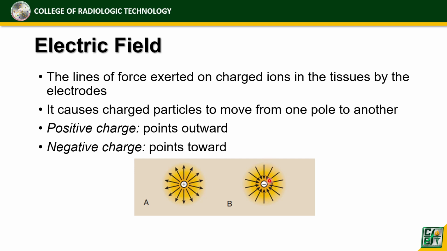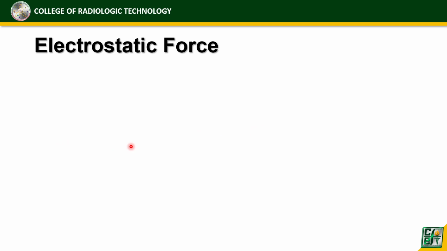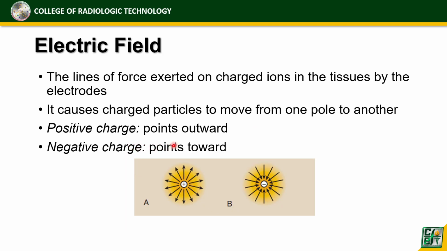Sabi nga natin, siya yung reason kung bakit nagkakaroon ng attraction and repulsion. So, inulit lang dito na pag positive charge, points outward ang electric field. Okay? Kapag negatively charged, points toward the particle or points inward. Okay?